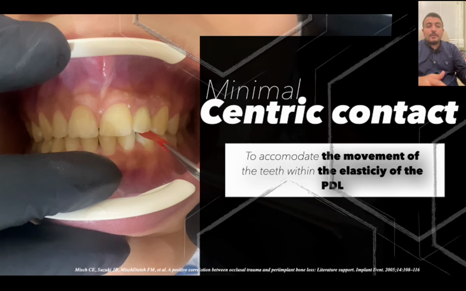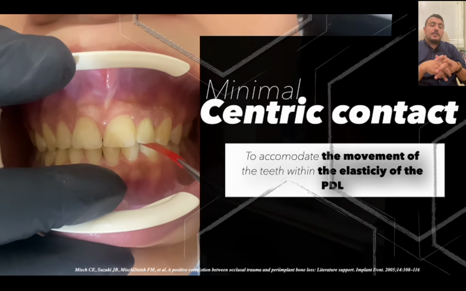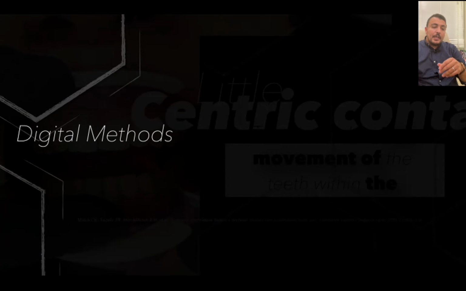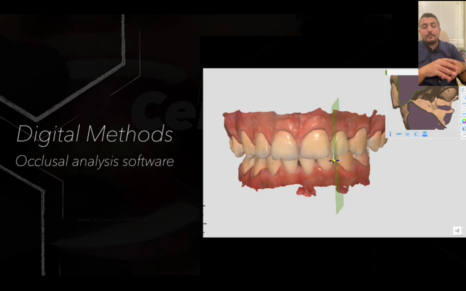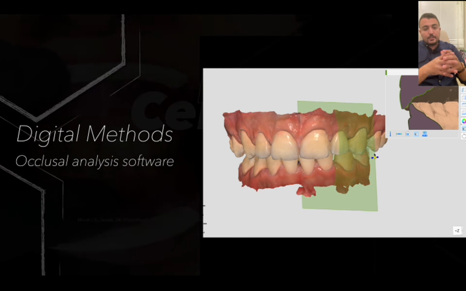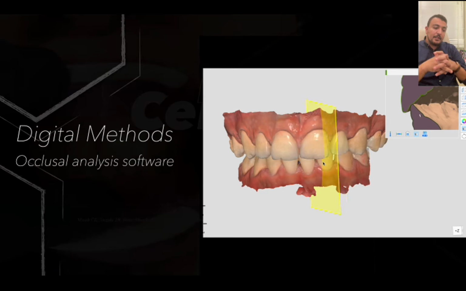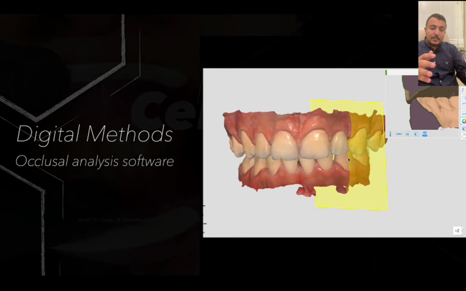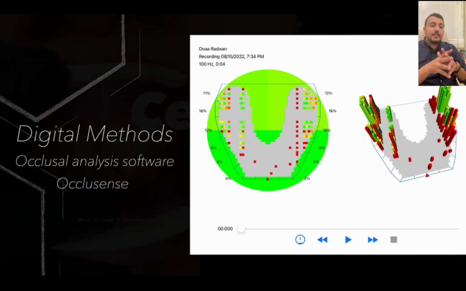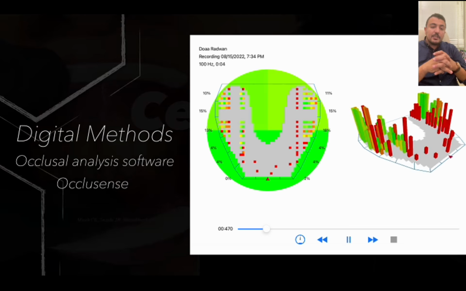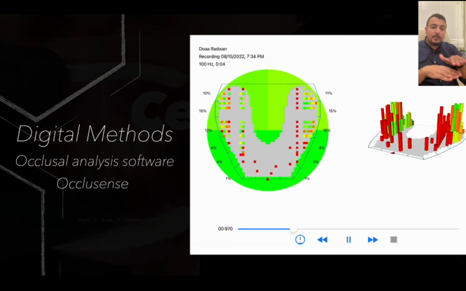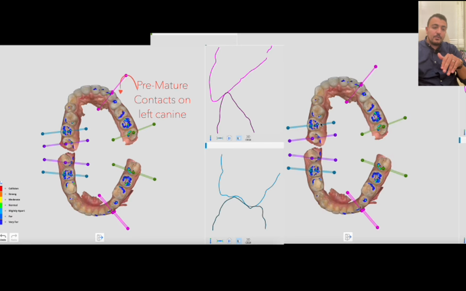So we can confirm this with the conventional protocol, and also we can confirm the low or minimal forces on the implant crown with many digital protocols. One of them is the occlusal analysis software from Medit, and the other one that I'm using is the OccluSense, which is a digital sensor that can quantify the amount of forces on each tooth.